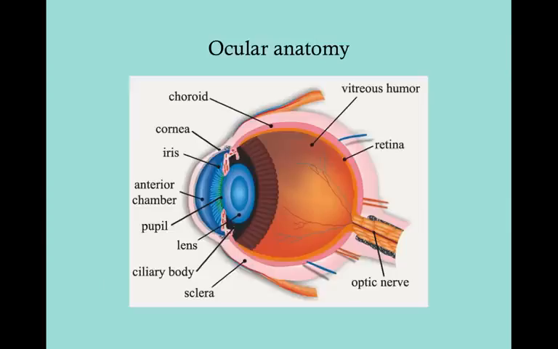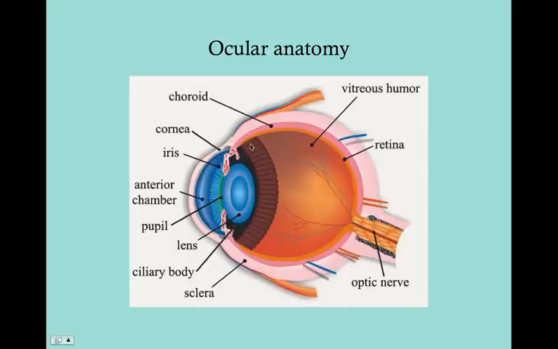So just to briefly recap the ocular anatomy, this is the retina here, and the retinal pigment epithelium is not labeled, but it would be right in between the retina and the choroid. The choroid is this pink layer, and the retina is this orange layer here.